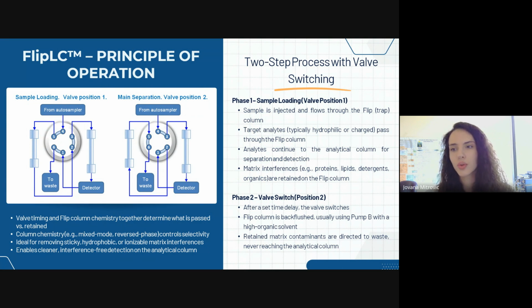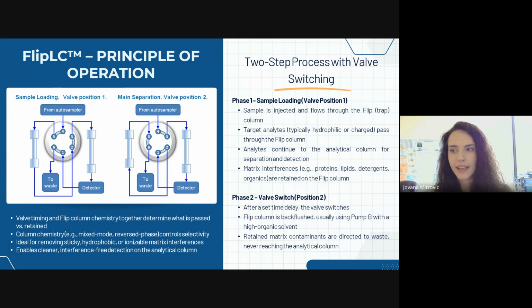HPLC operates through two tightly coordinated phases controlled by the valve timing and solvent delivery. Phase one is sample loading and trapping. Upon injection, the sample flows first through the flip column.